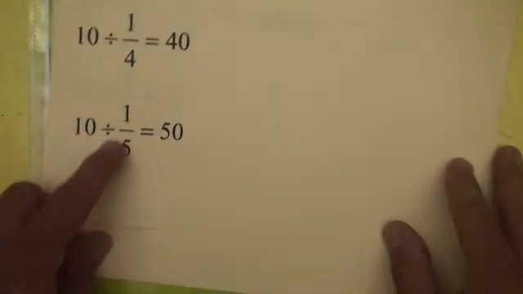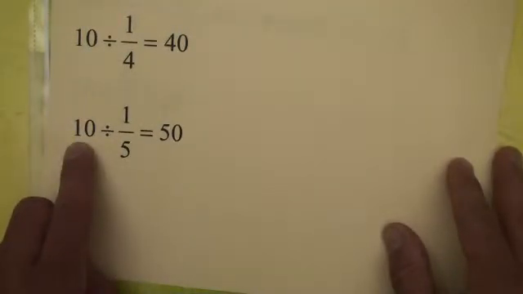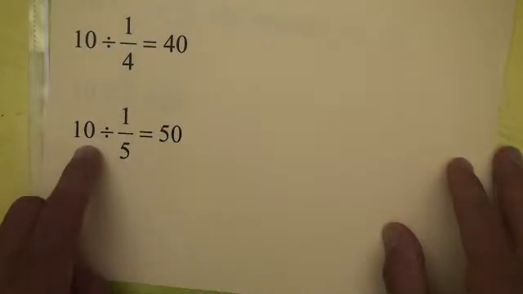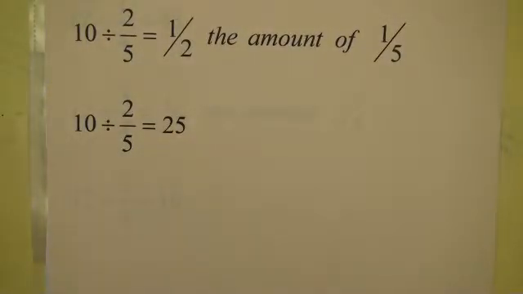Well, 10 divided by 2/5 is obviously going to go in less times. 1/5 is going to go into 10 a lot more than 2/5 will go into 10, roughly twice as many times. That's why the solution would be 25. So we need to tuck this away in our back pocket, take a look at a pattern perhaps for later on in this video.